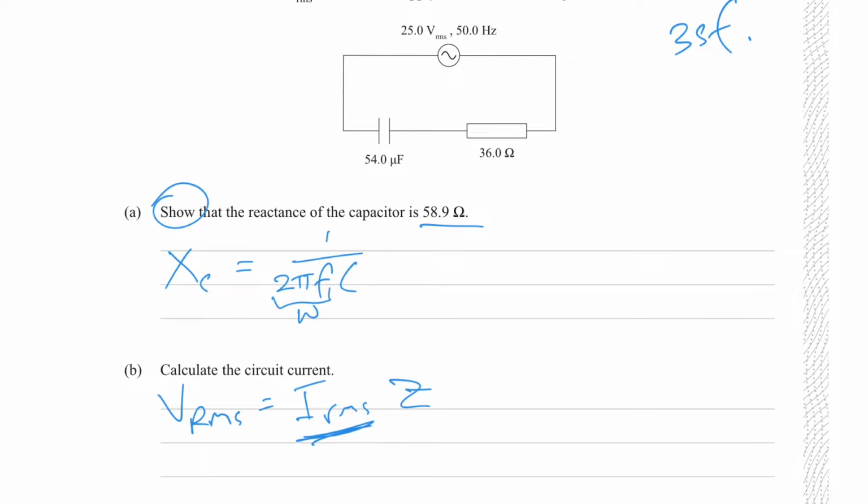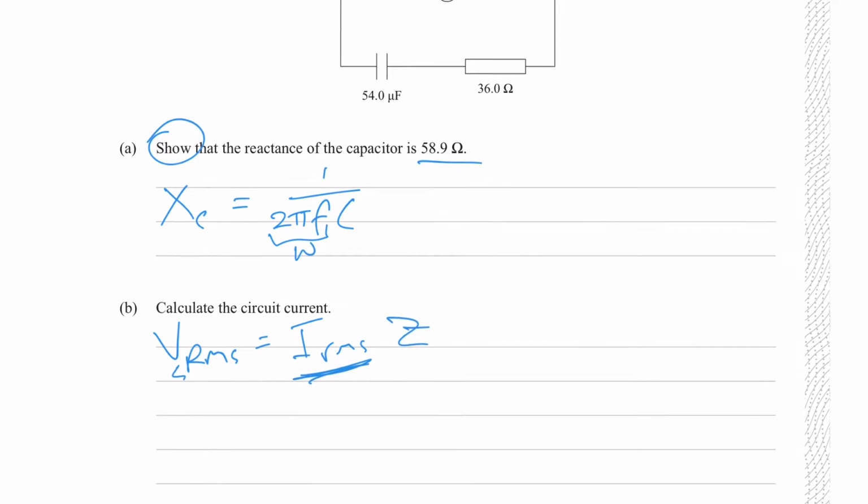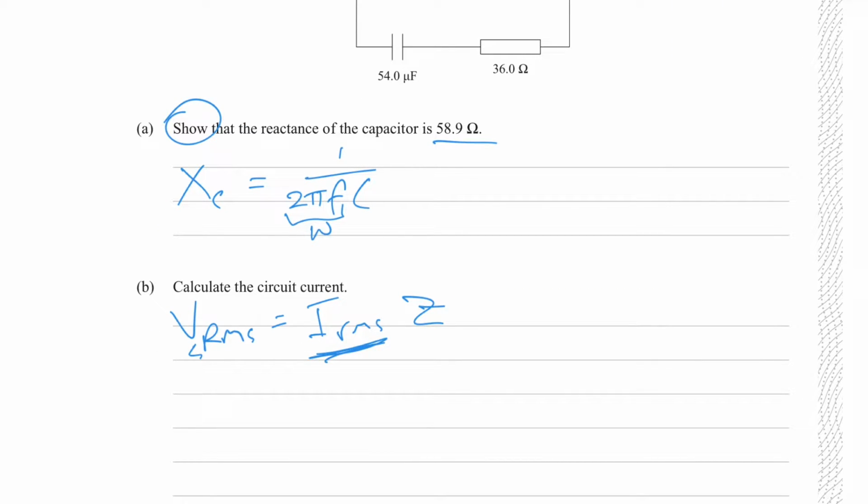V equals IR, but using the supply, VS RMS, and the overall circuit impedance. So you have the voltage of the supply. You can rearrange for I, of course. I equals V over R, or I equals V over Z in this case.